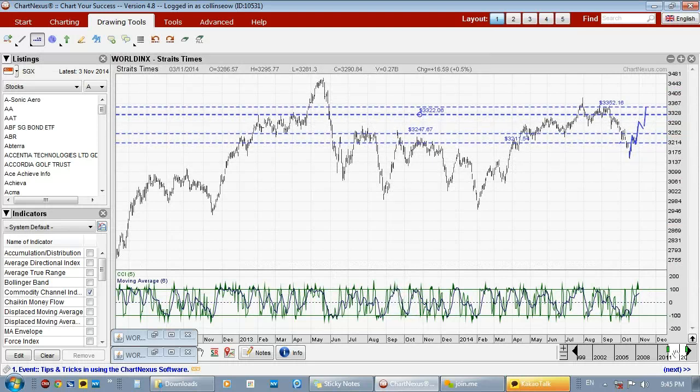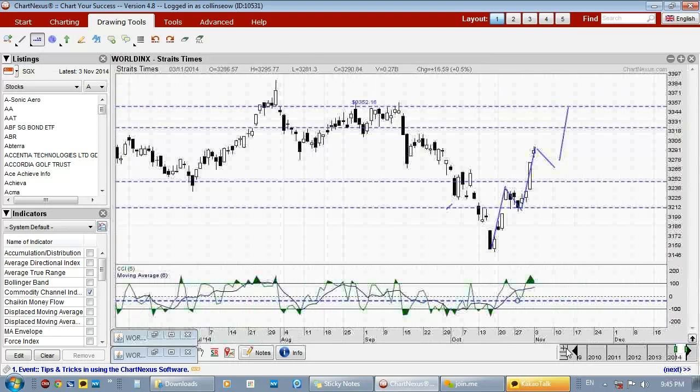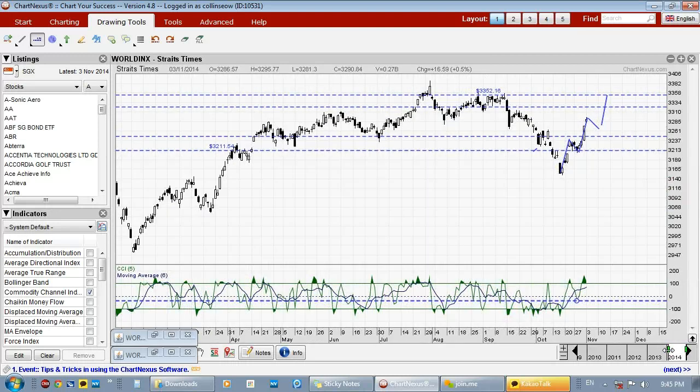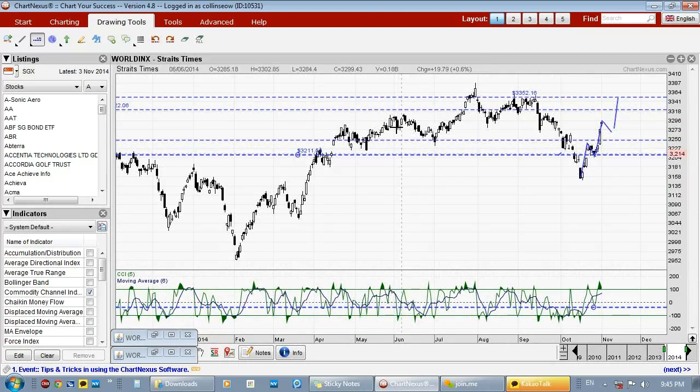If we zoom in and see the support zone and the resistance zone, interestingly the STI broke below the zone, this is the zone here, here, here. It broke below, and then quickly rebounded up. And right now, if it goes up higher, then this is the resistance zone here. So for STI, it's like a sideways to up bias because of the recent recovery.